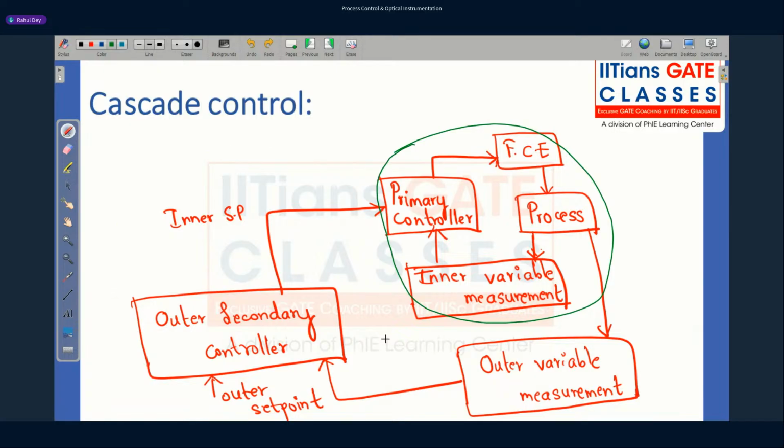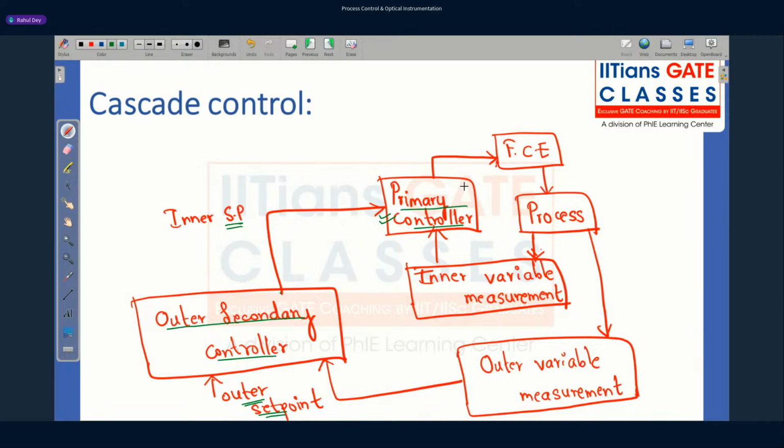Now, one very important thing is that the outer loop set point is actually giving the set point to the inner loop. There are two controllers present over here: one is the primary controller, another is the secondary controller. Only to the secondary controller are we giving the set point. Whatever is the output of the secondary controller acts as the set point of the inner loop or primary controller.